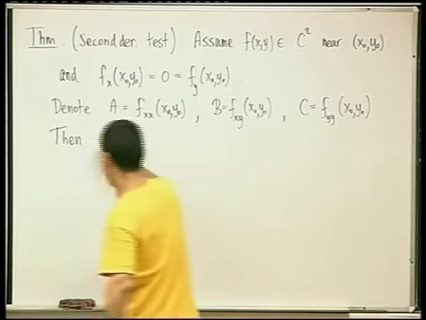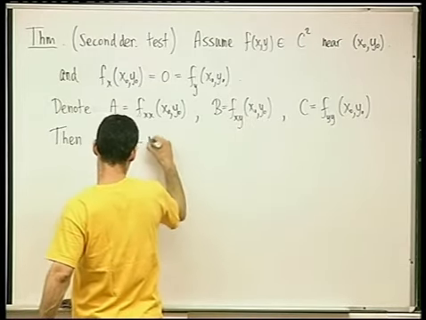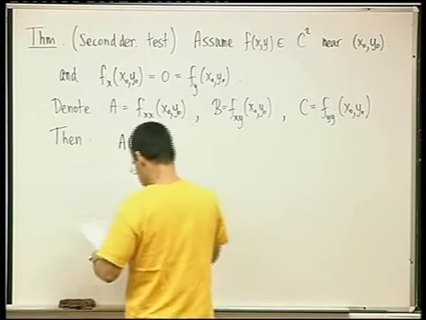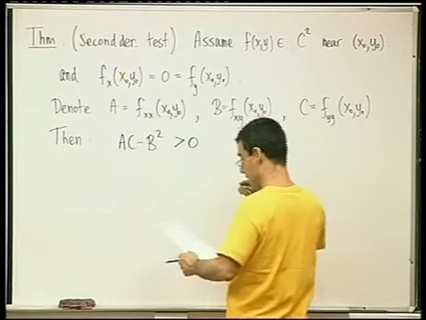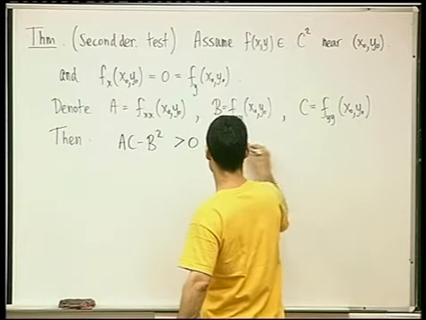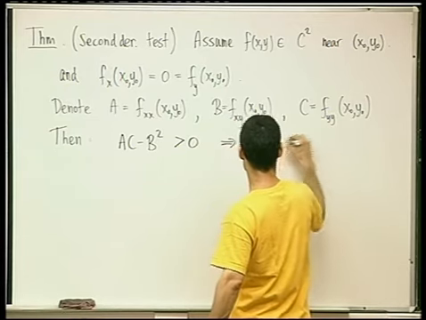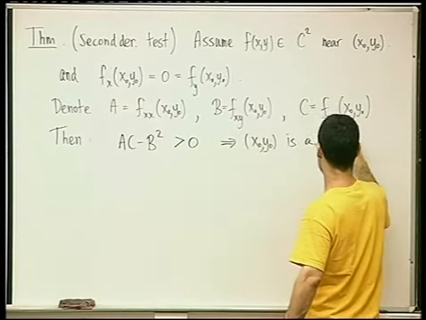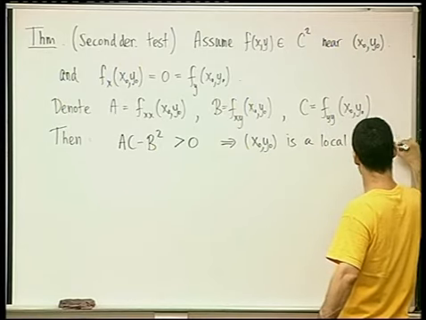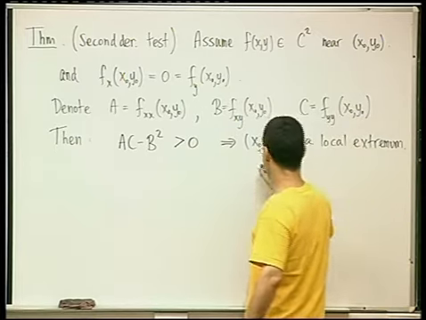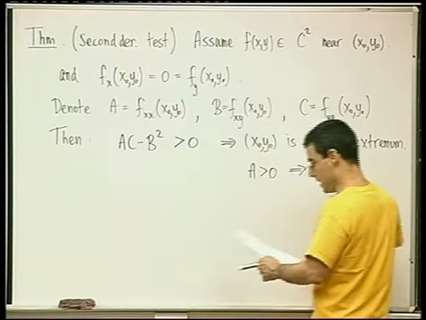So the bottom line of the theorem is, if AC minus B squared is positive, then x0, y0 is a local extrema. And if A is positive, then it's a minimum.